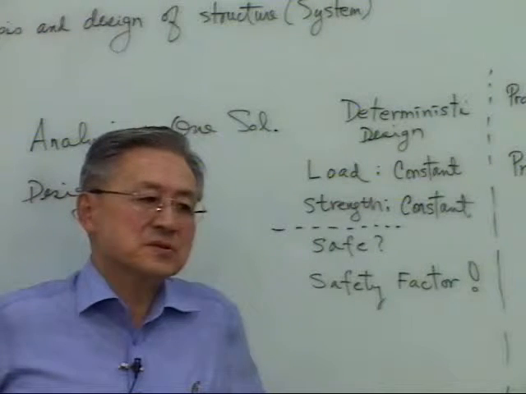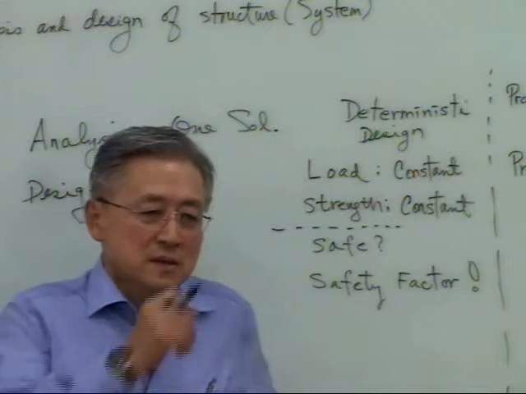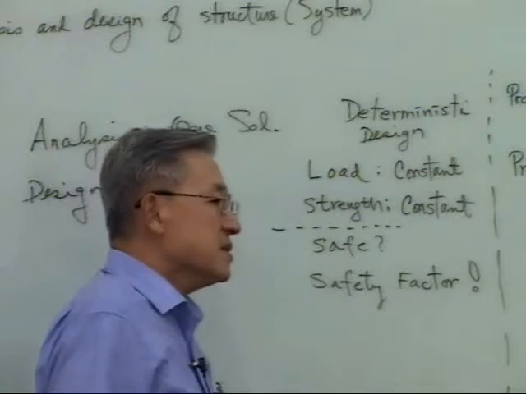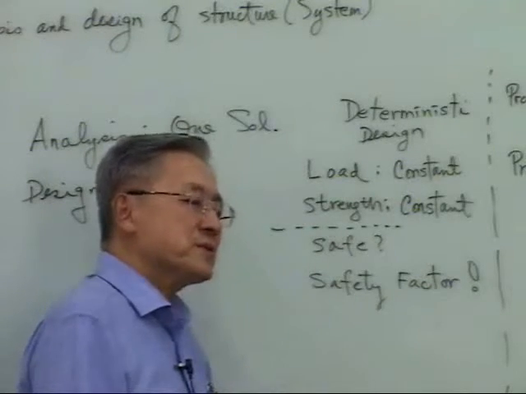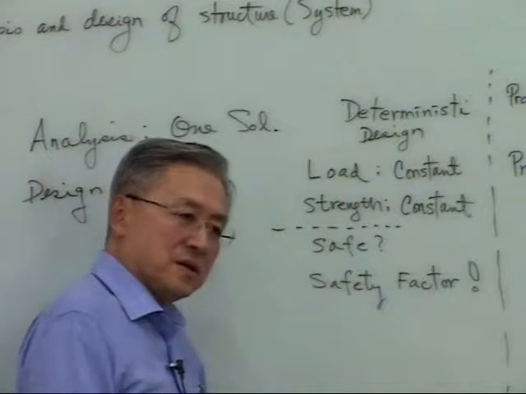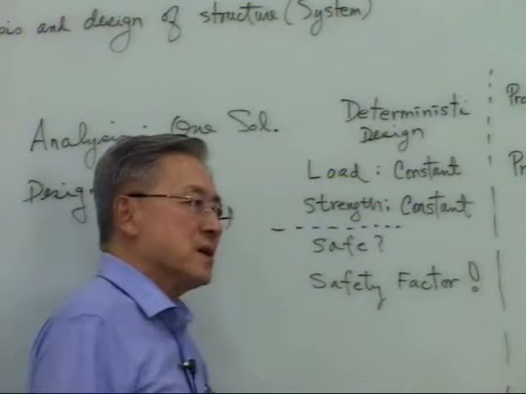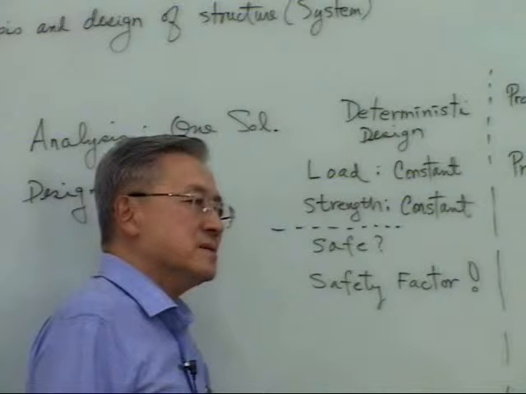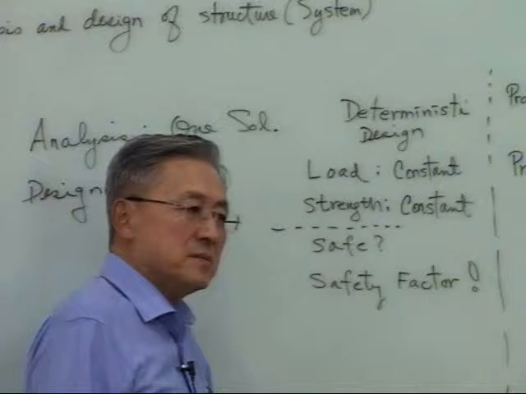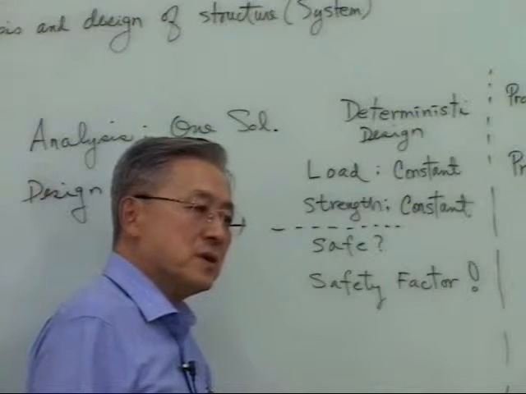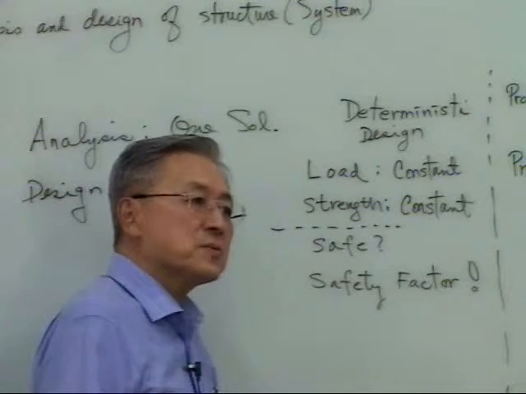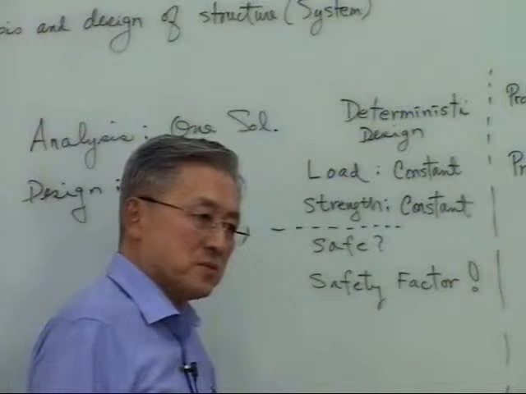So why do you use a safety factor? Simply speaking, for building design, floor loading, office floor loading, I use something like 100 pounds per square inch. But who knows, it could be 150 pounds per square inch, or could it be 200 pounds per square inch.